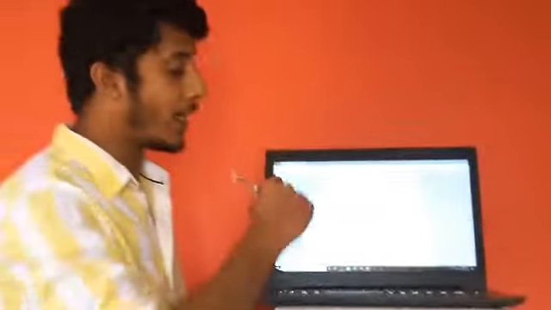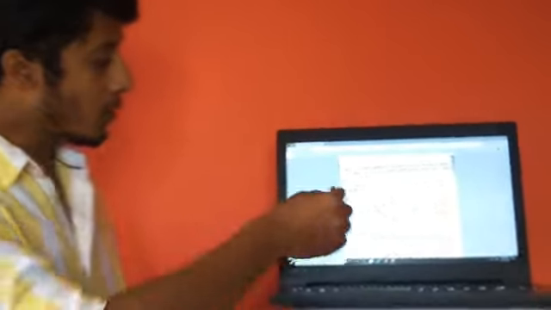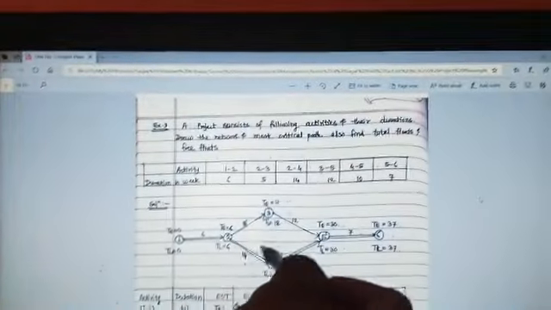Now I will explain how to draw the network for this numerical problem, because that is our first task. Just below this given numerical problem I have already drawn the network diagram.